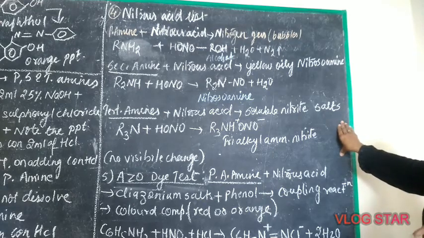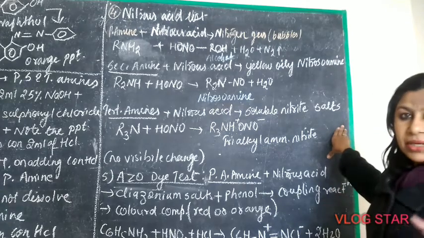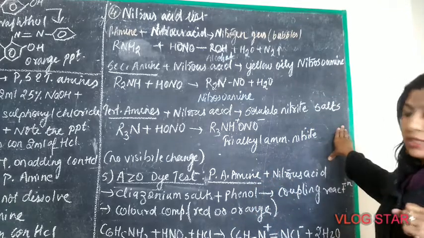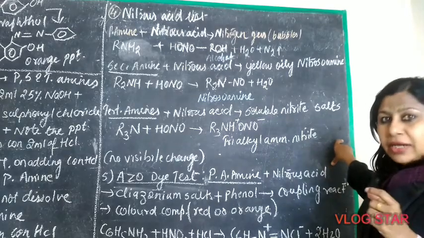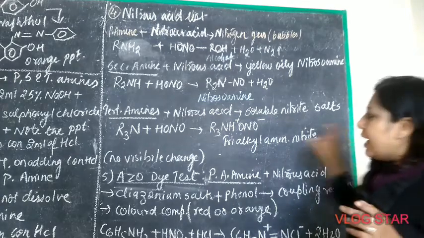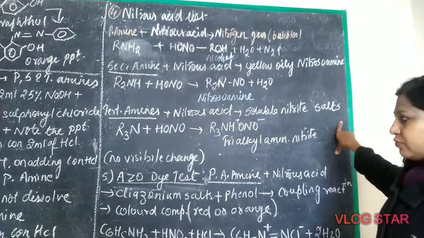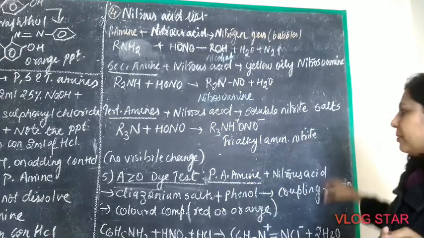In this test, if you get no visible change, that means tertiary amine is present. After finding out the preliminary test for amines, that is, the preliminary test, not for primary amines, you have identified that the compound is an amine, and if with nitrous acid a soluble nitrite salt is formed which doesn't have any visible change, that means tertiary amine is present.